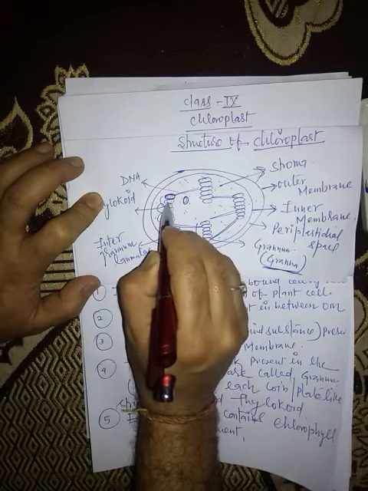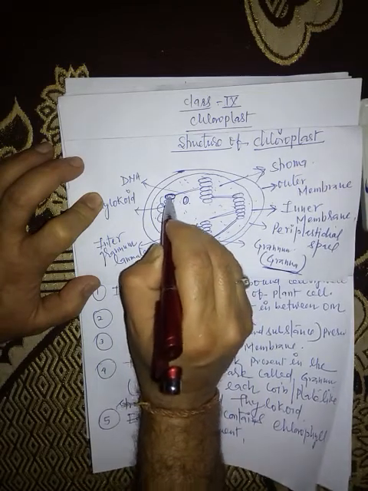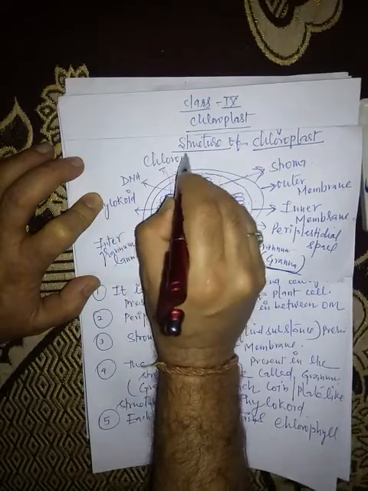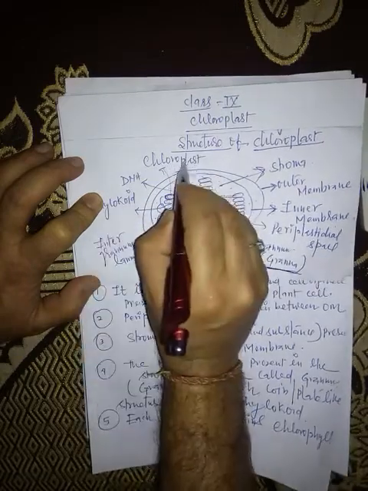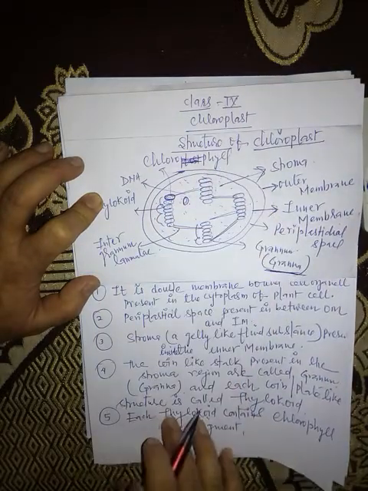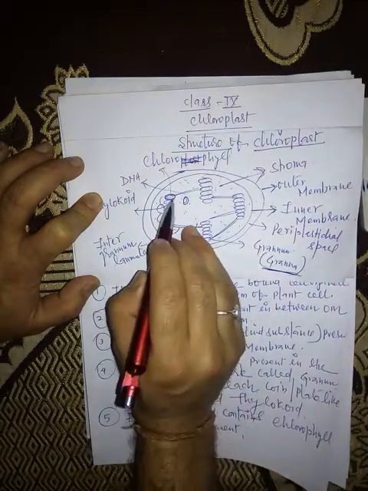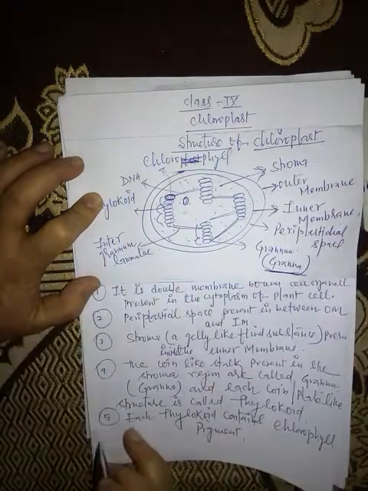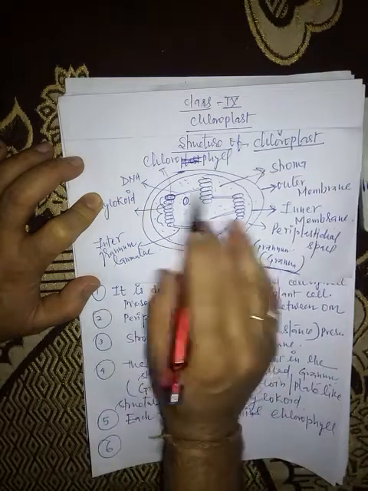Inside of this thylakoid. This is the site of presence of chlorophyll. Chlorophyll pigment is present inside of this thylakoid.